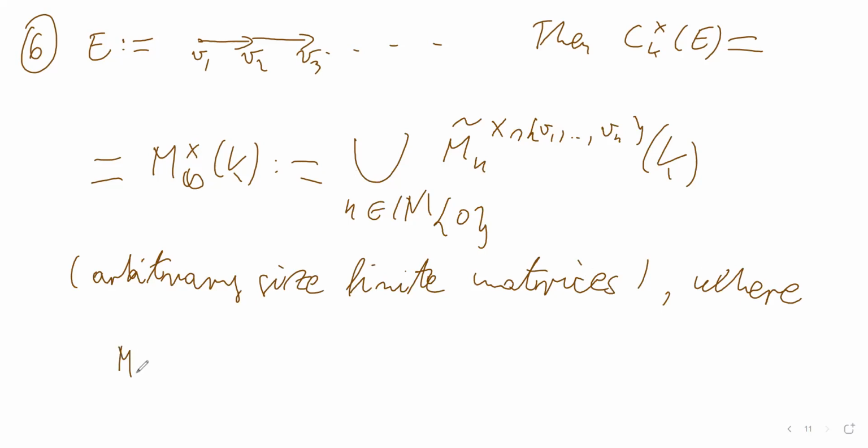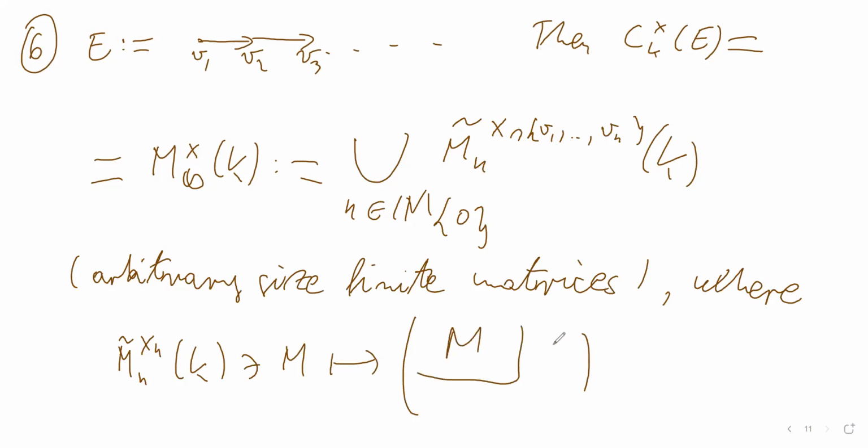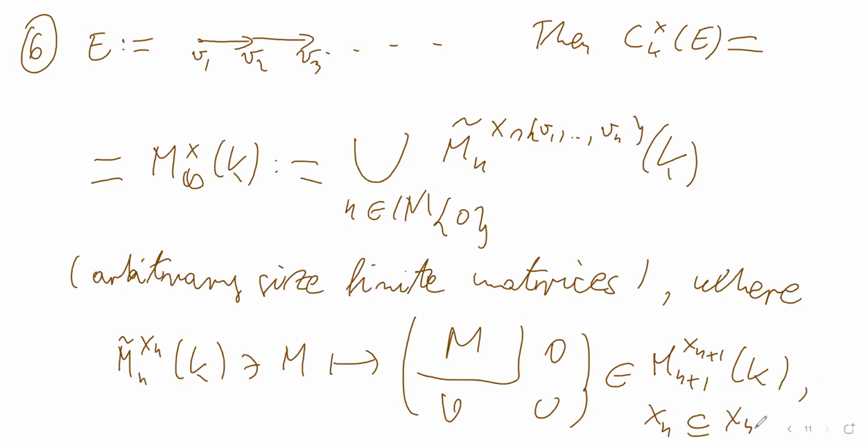You take this matrix M_n tilde X_n, okay? You take a matrix like this, and you map it to the following matrix, where here you put the original, and everywhere else you put 0. And I will view it as a matrix of size n plus 1 by n plus 1. And you take it relative to the subset X_{n+1}. And the only thing that you have to demand is that X_n is contained in X_{n+1}.